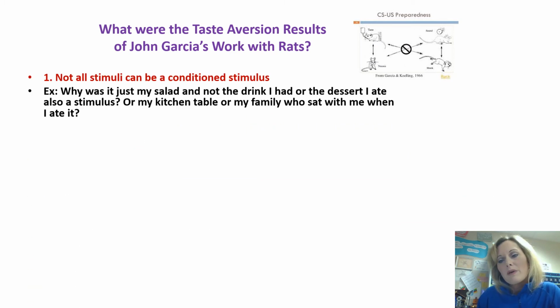You're not going to be able to pair a bell and nausea. But food is another thing. That's why it's looped into the evolutionary part of it, because not all stimuli are going to create this. That's why taste aversion is different.